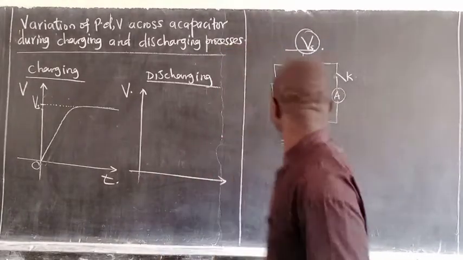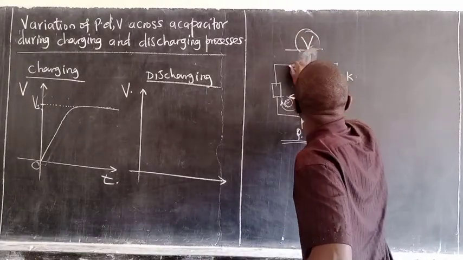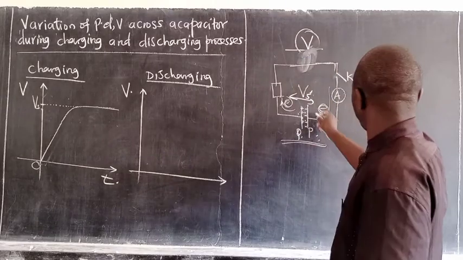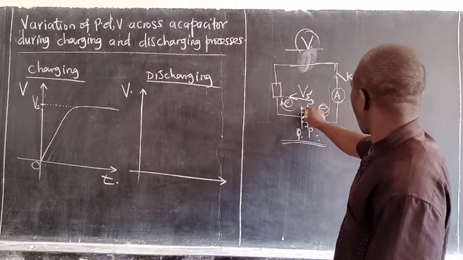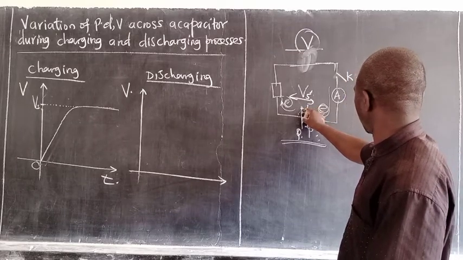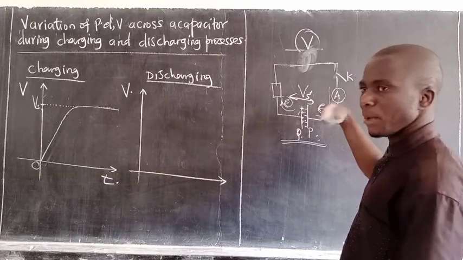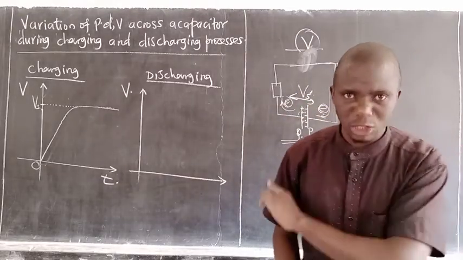Then we said that during the discharging process, you just disconnect this and you connect the wires. Then these electrons will flow and come and neutralize these ones. And as they flow, what happens? Still this meter will show a maximum deflection, but in the opposite direction.